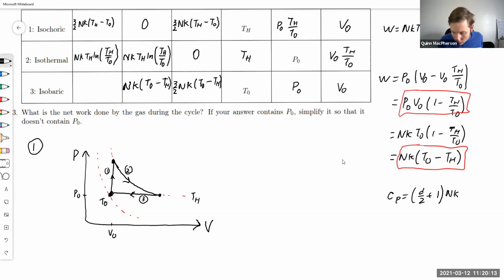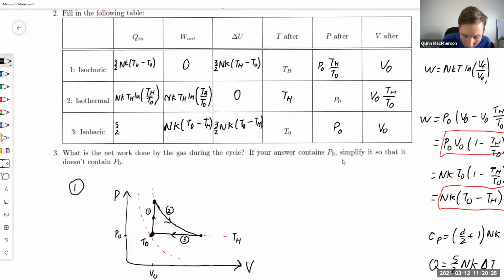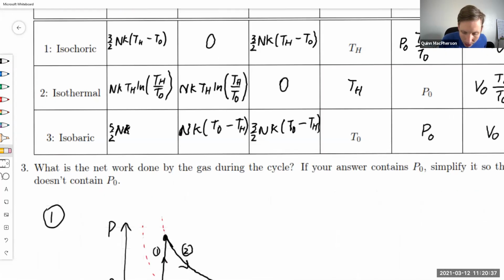So Q is equal to 5/2 NK delta T. So I can put this in as 5/2 NK, and delta T. My final temperature is T initial.